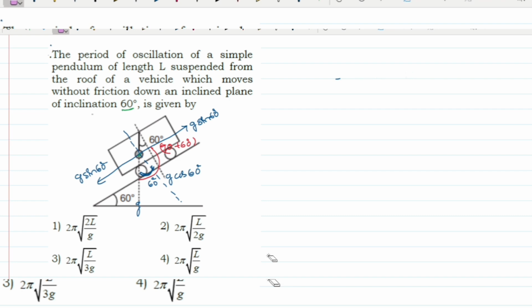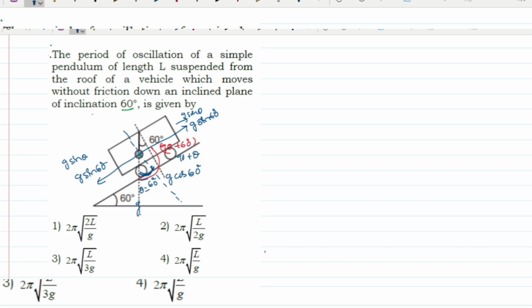Suppose you are taking g sin theta and g, and let us take an assumption that the angle, instead of 60, is theta, so the angle between them will be 90 plus theta.